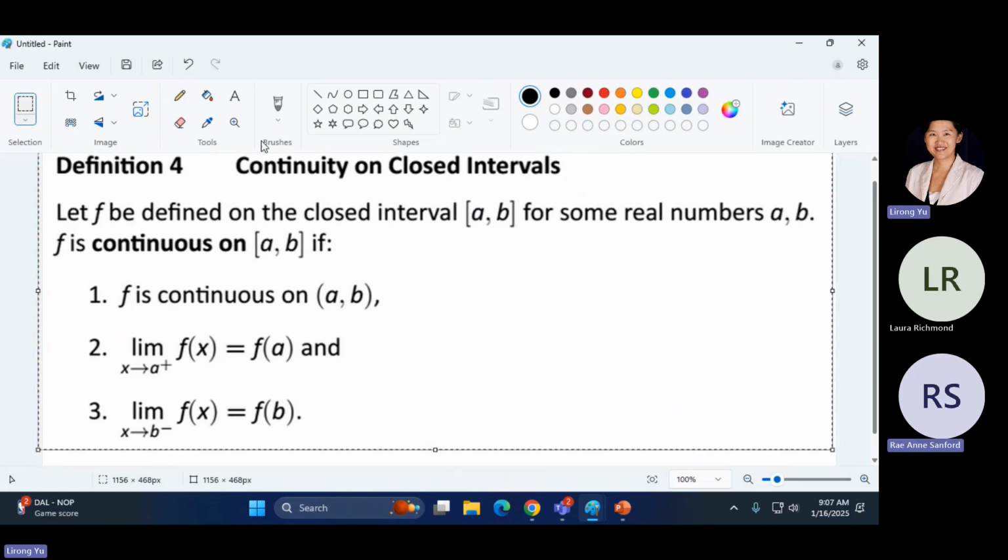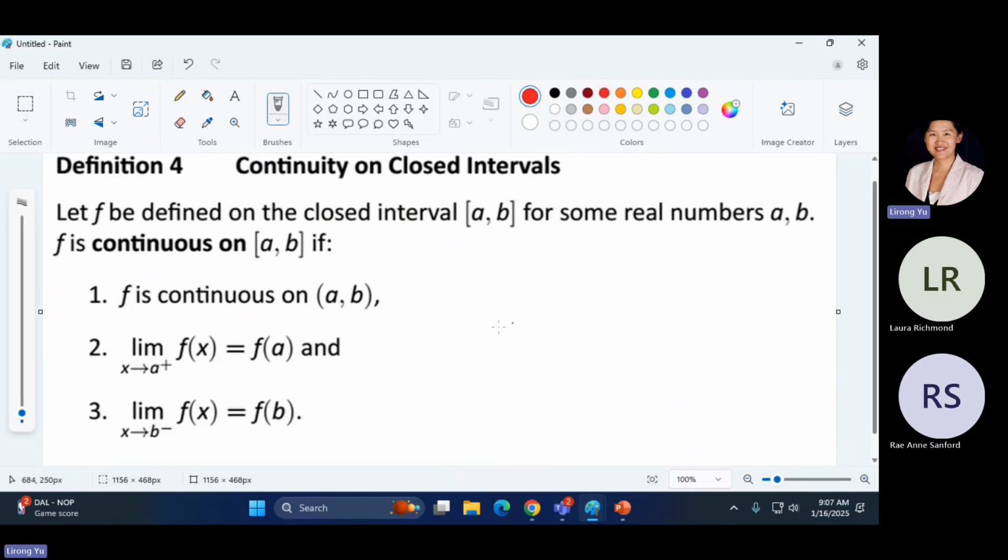So let's look at graphically how it looks. You have a number line, and on the number line, you have this number A and this number B. And the function has to be continuous on any number C between them.